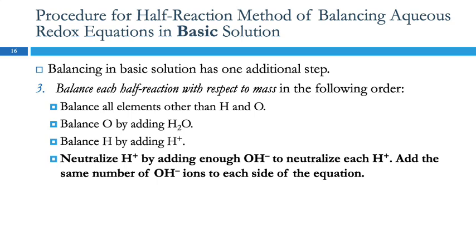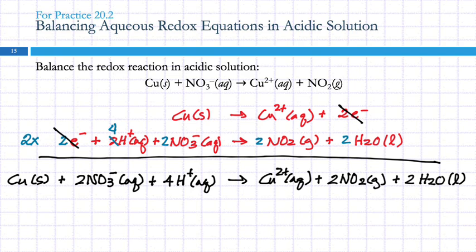Okay, actually, let's do this. Let's pretend that this was in basic solution. How could we fix it? How could we make it for basic solution? I'll do blue for basic. We've got 4 hydrogen ions. That's the problem. This is all balanced. We don't want to mess anything up, but I'm going to add 4 hydroxide ions right there.